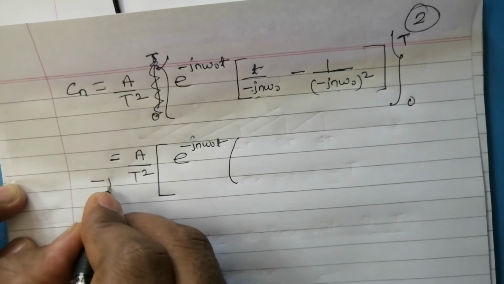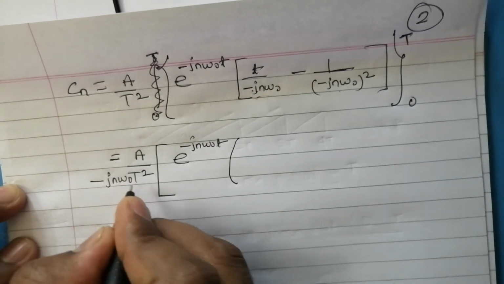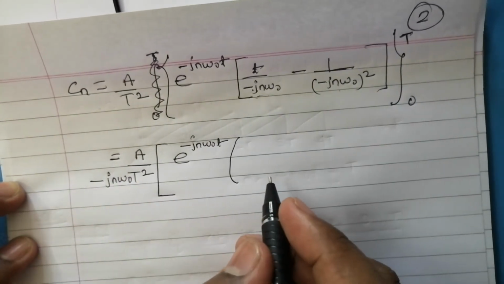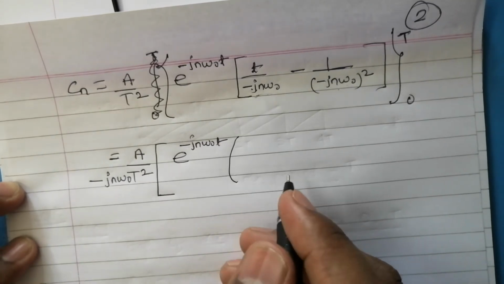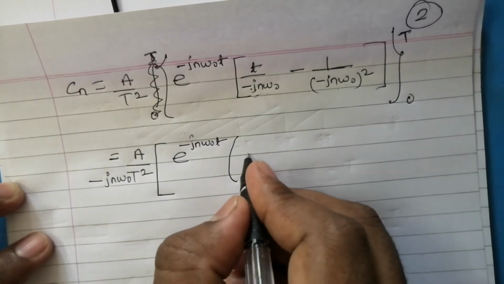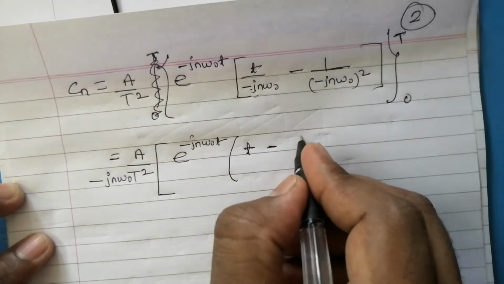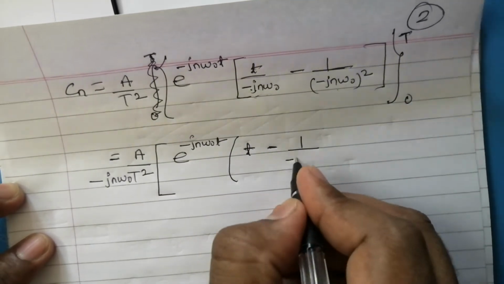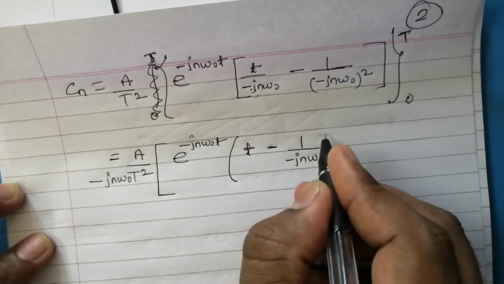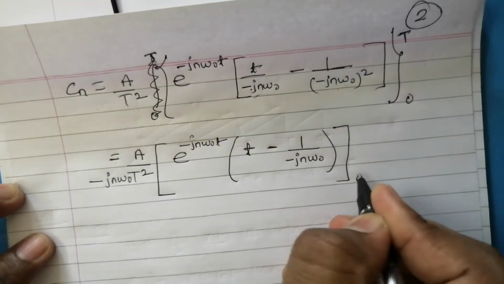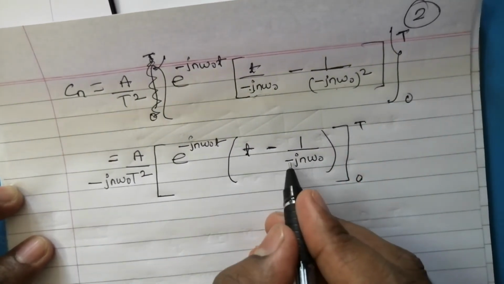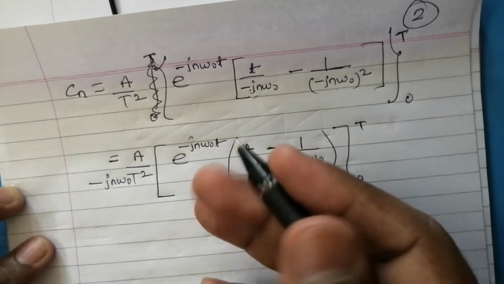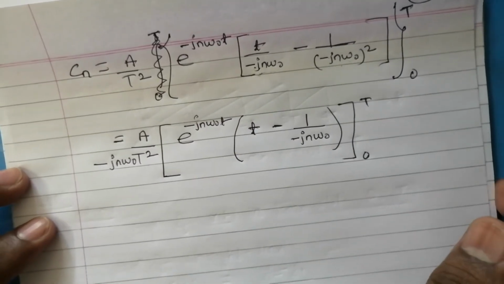So what we are left with now is t minus 1 upon minus jn omega naught, 0 to T. Now this minus will become plus, so we will make it in the next step.